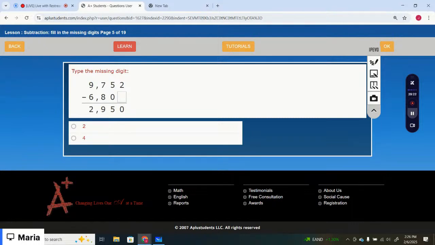Type the missing digit. 9,752 minus 6,800.